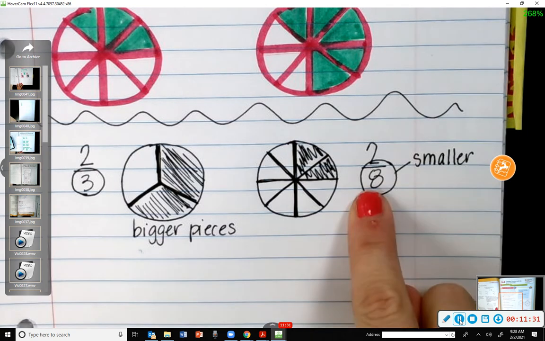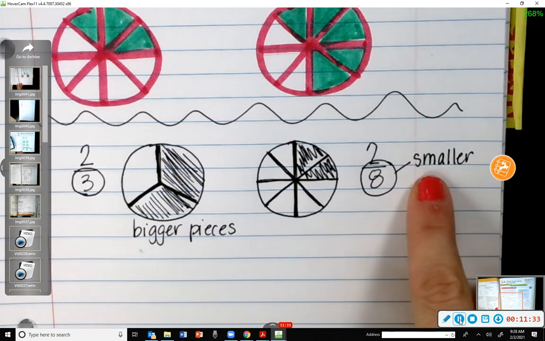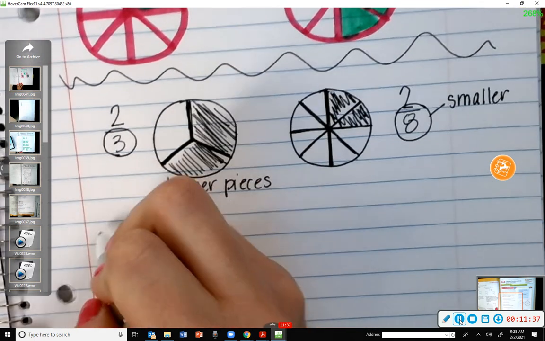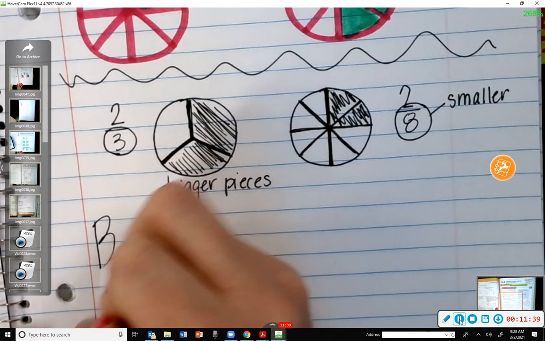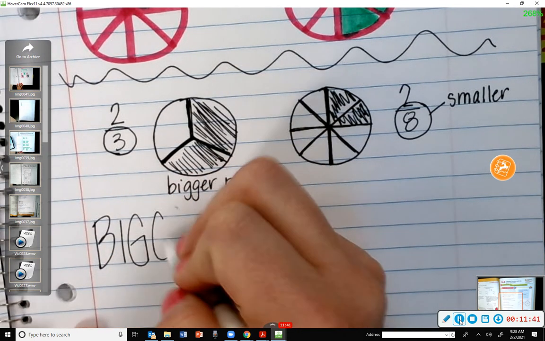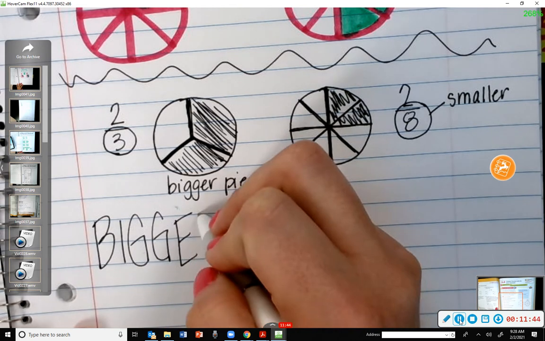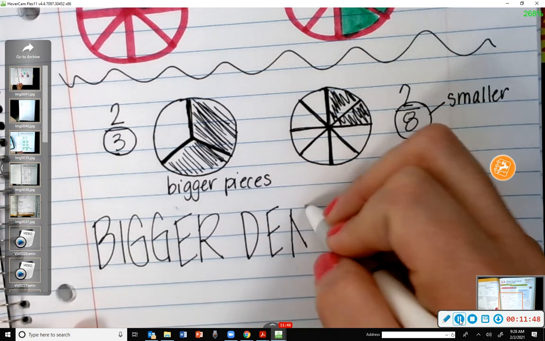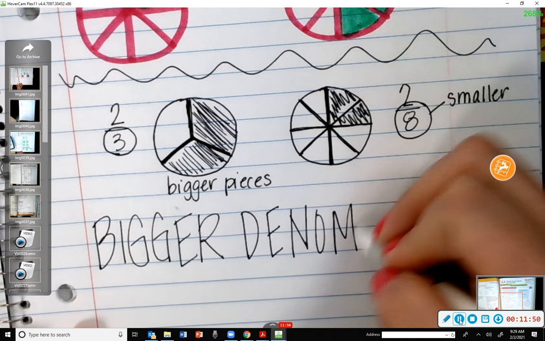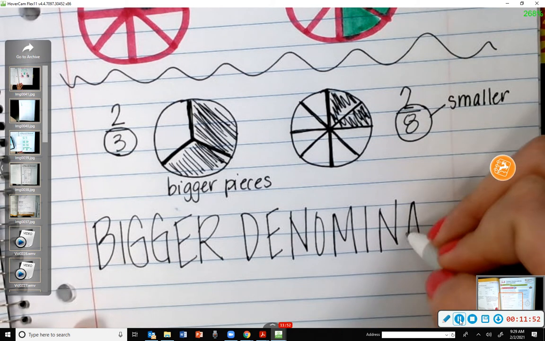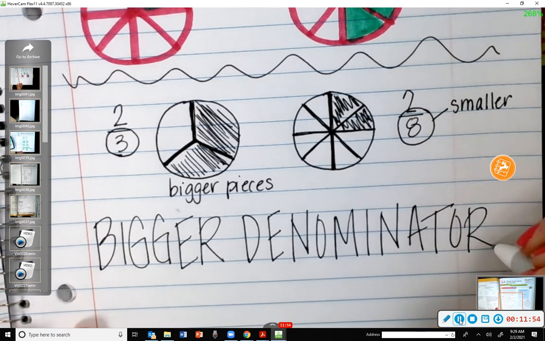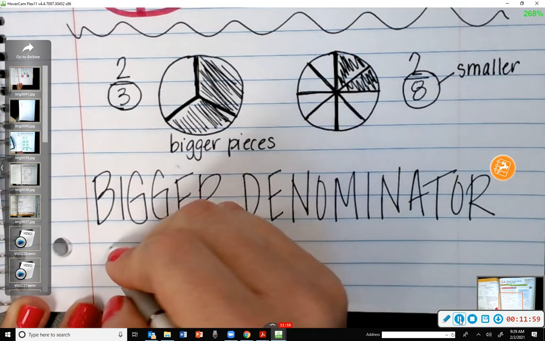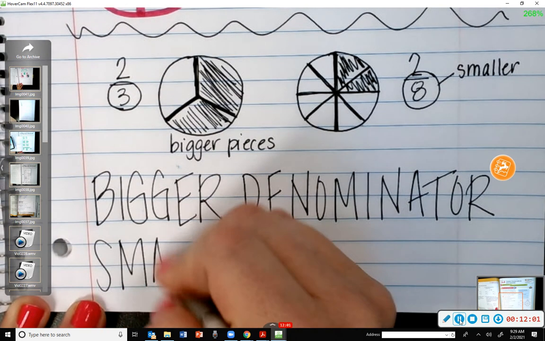So the bigger denominator means your pieces are going to be smaller, okay? So that's what we need to write. Bigger denominator, smaller pieces.